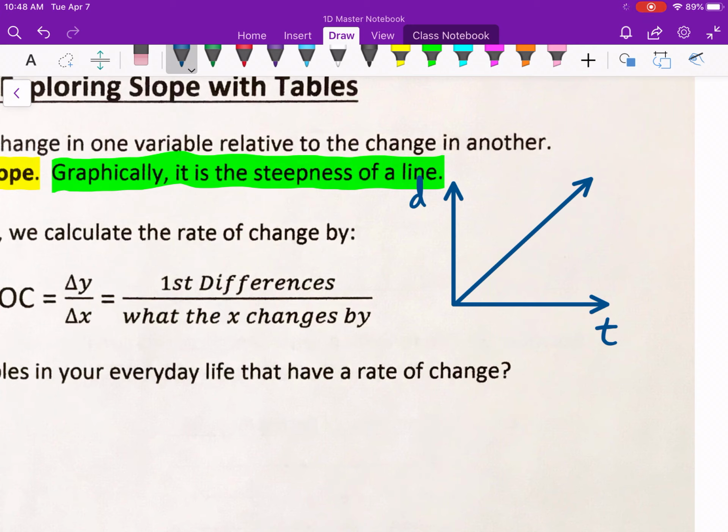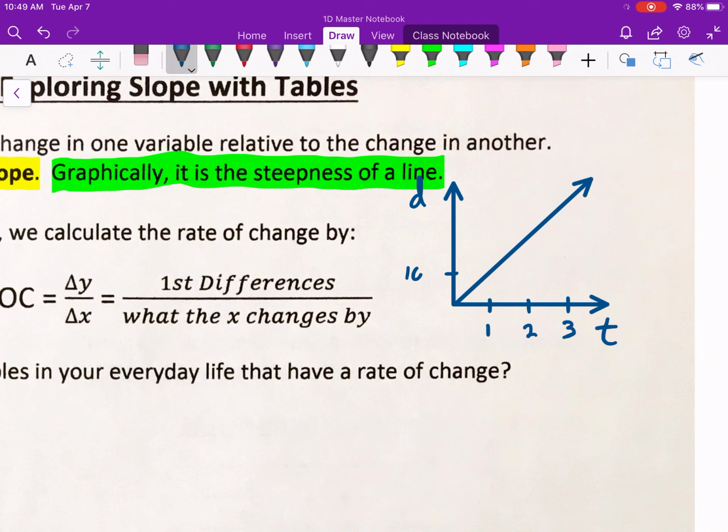And so remember, one of them has to be the independent variable, the other one is dependent upon it. So in this case, time is independent. I can choose, well, how far have I gone in 1 hour or 2 hours or 3 hours and so on. So that always goes on the horizontal axis.